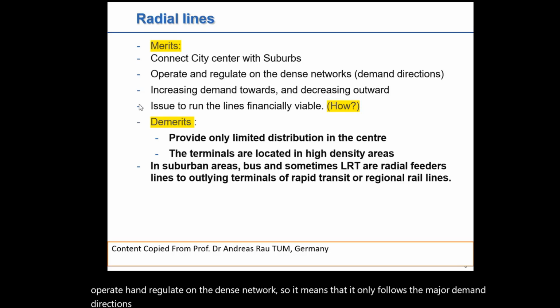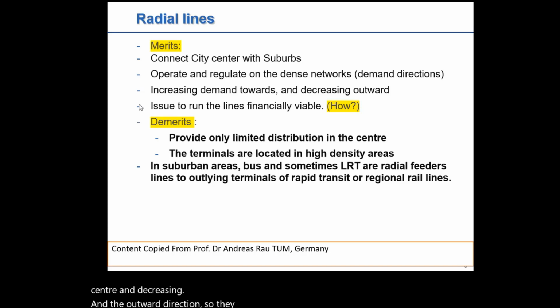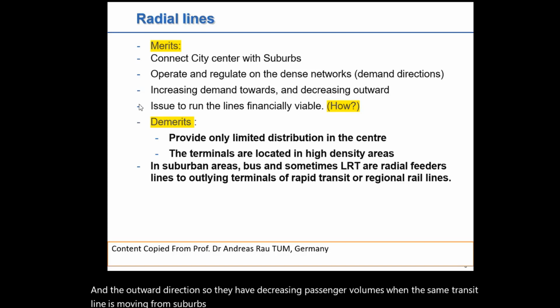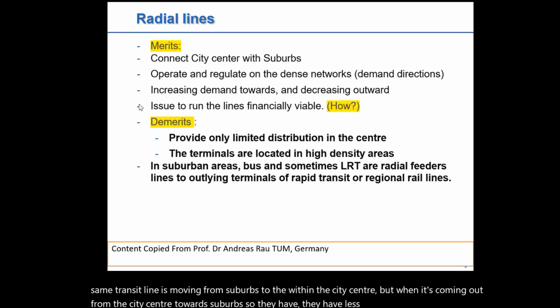The third point is that it has increasing demand toward the city center and decreasing in the outward direction. So passenger volumes decrease when the same transit line moves from the city center toward the suburbs, where there is less attractive passenger demand.